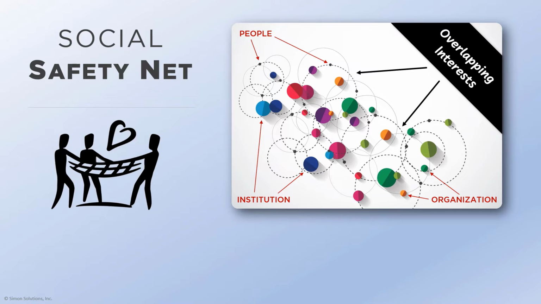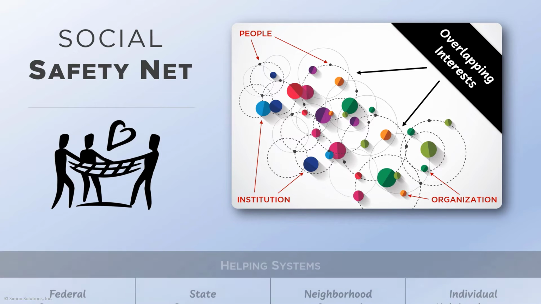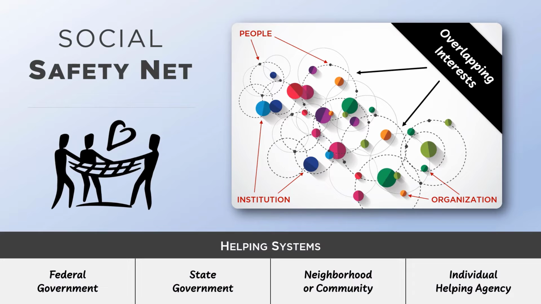These methods are often called a helping system that is empowered by policies and procedures which can be local or regional. The different types of helping systems that are in place in a community include the federal government, which includes the Department of Health and Human Services, HUD, and USDA programs that address food insecurity.